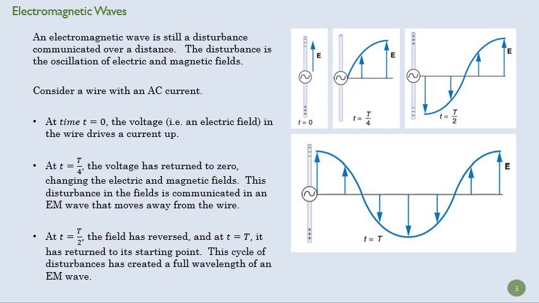Our T equals 0, the point that was propagated at T equals 0, is now one wavelength away from the wire. And then here was the point that was propagated at T/4 and T/2 and 3T/4 and so forth. And so this creates a disturbance that is carried through the distance as a changing electric and magnetic field.